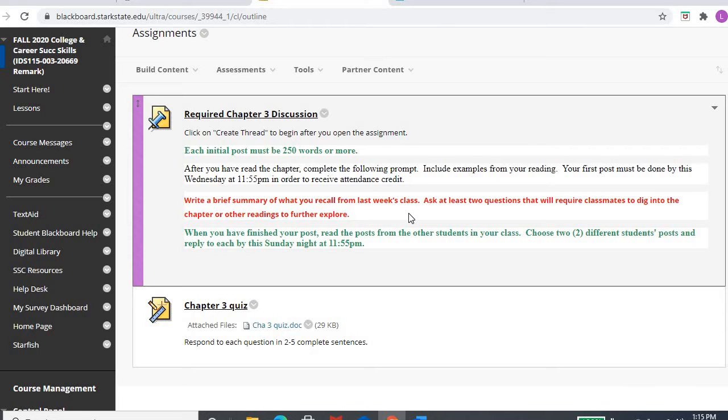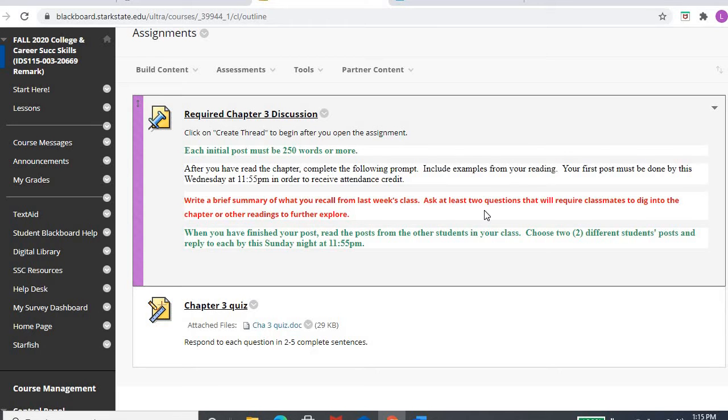This prompt in itself is going to necessitate you going back and refreshing your memory. So spend a little bit of time, a couple of sentences, writing a summary of what you recall. And then you're going to ask at least 2 questions that require classmates to dig further into the chapter or into other readings to explore the content covered in chapter 3.